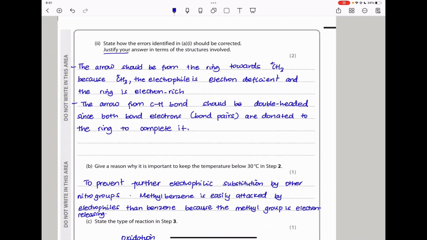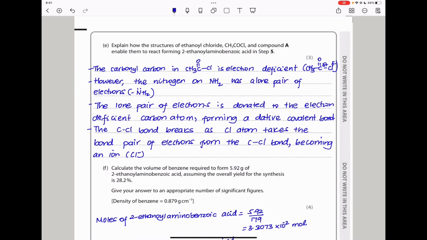So let's go back and see what I wrote. I said the carbonyl carbon in this is electron deficient. Here I showed you that electron deficient means this carbon is partially positive and that is partially negative. So the partially positive one is electron deficient. Then I said, however, the nitrogen in NH2 has a lone pair of electrons. Again, I showed you the lone pair there.